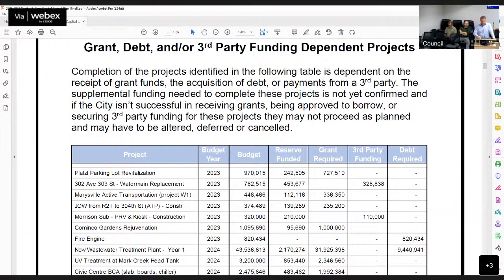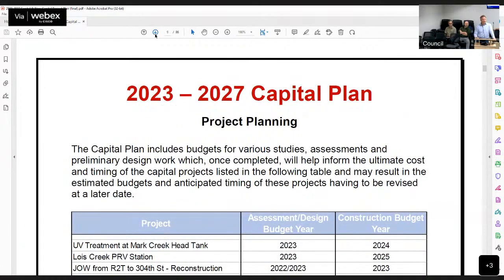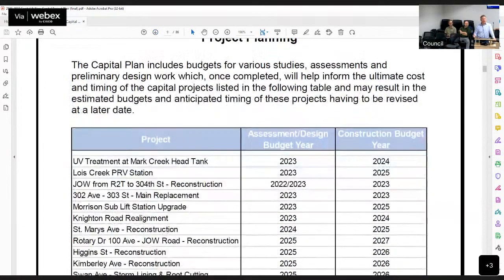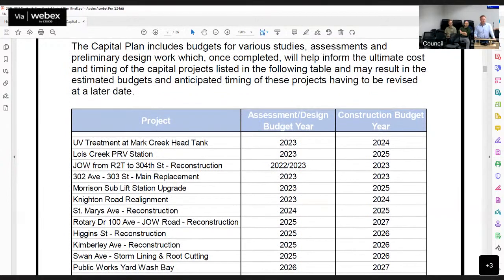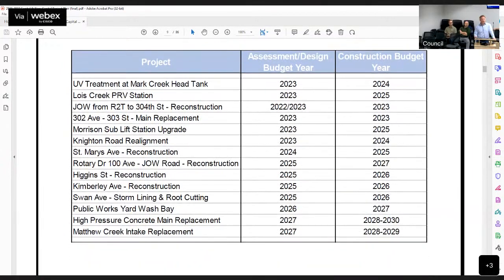So the next slide talks about project planning. In the last few years, the operations department has gotten really good at separating the design work from the actual construction work and including the design budget in the year preceding the construction. As noted in the slide here, the design on a lot of these projects helps inform the construction cost.